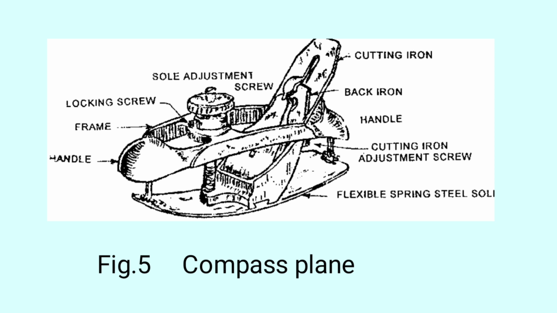We can go through the parts, from left to right: handle, frame, locking screw, sole adjustment screw, cutting iron, back iron, again handle, cutting iron adjustment screw, and flexible spring steel sole.